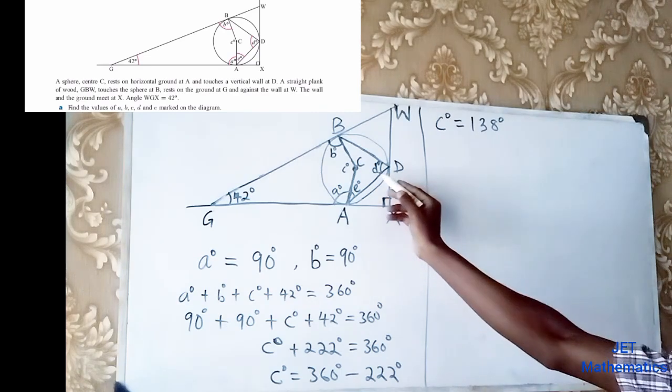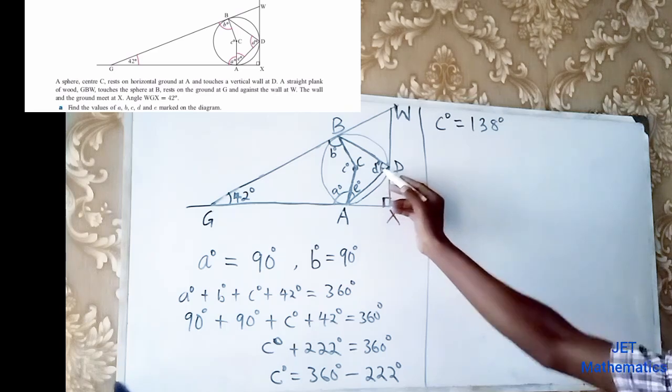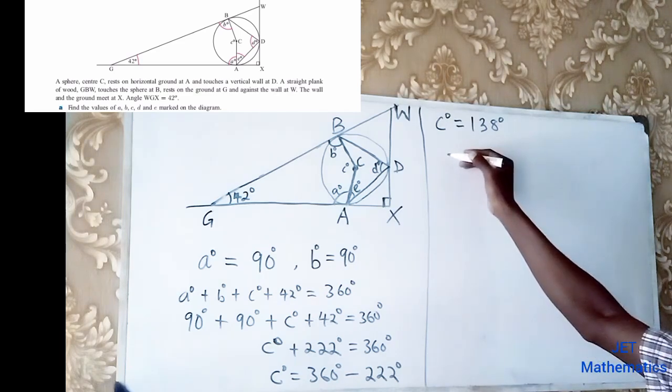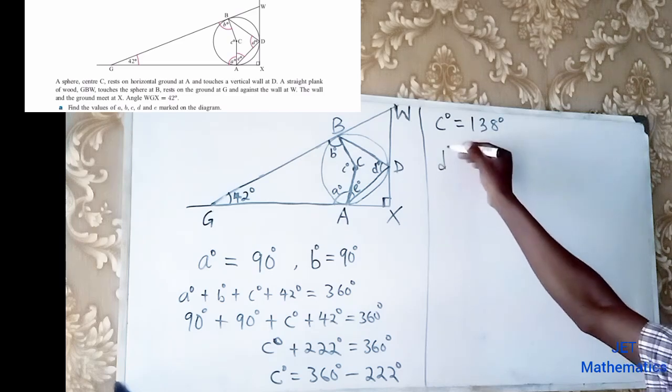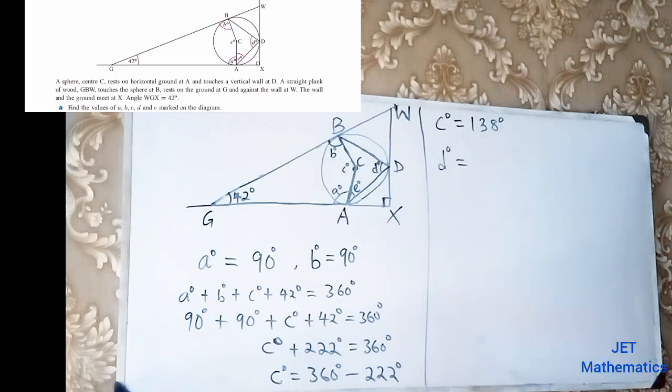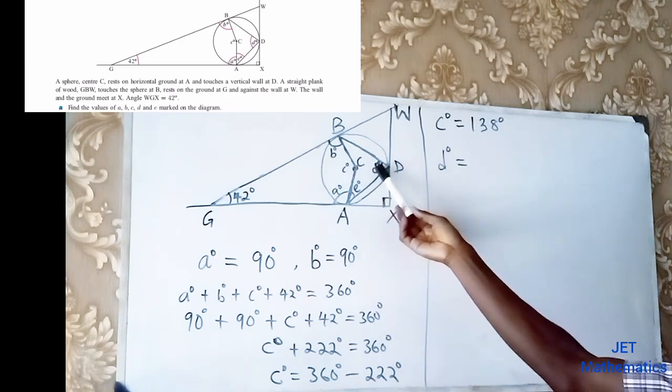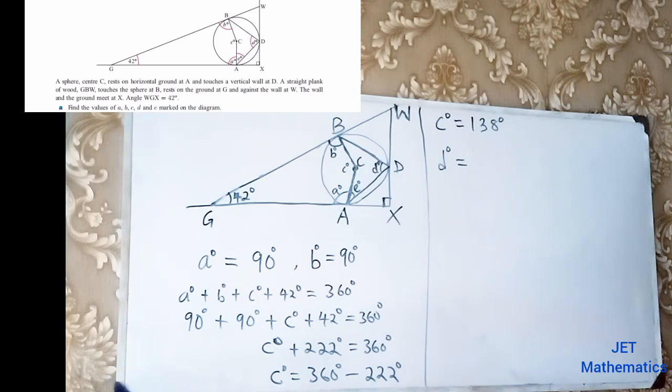Then we'll proceed to get angle D. We have another theorem in circle geometry that says the angle at the center is twice the angle at the circumference.